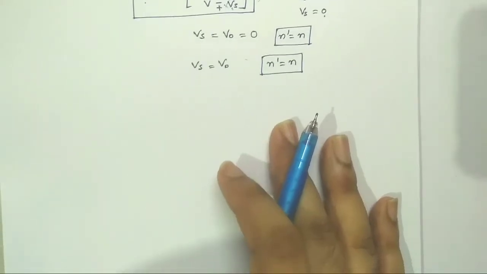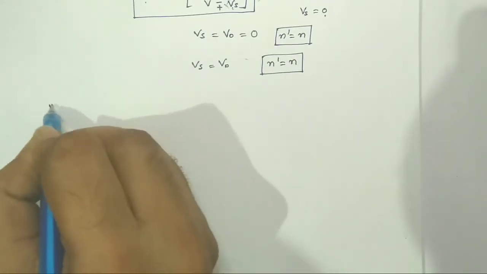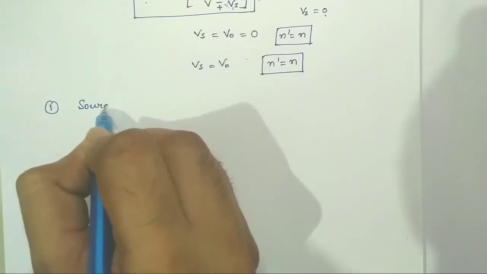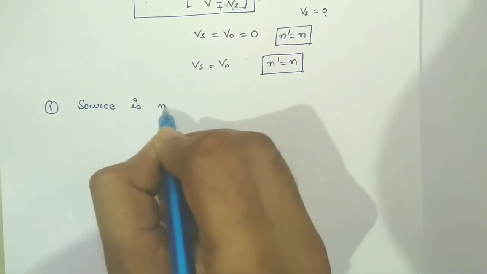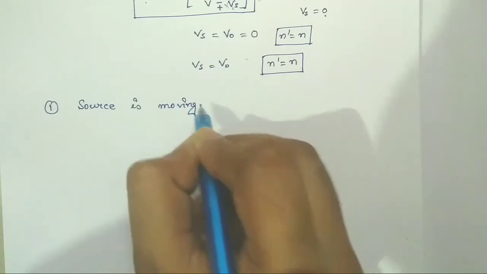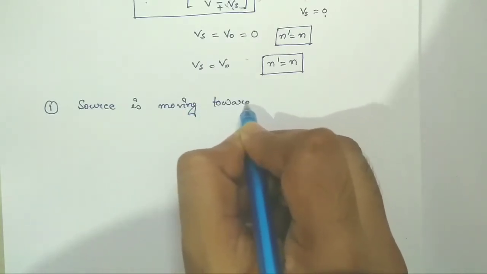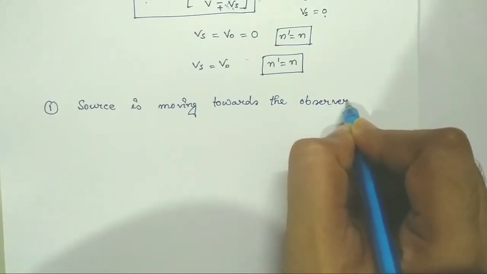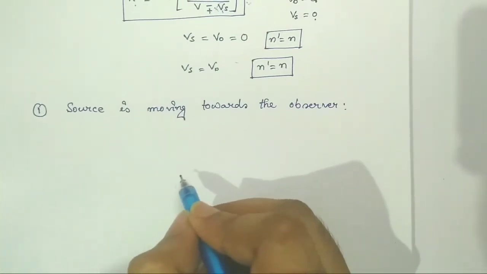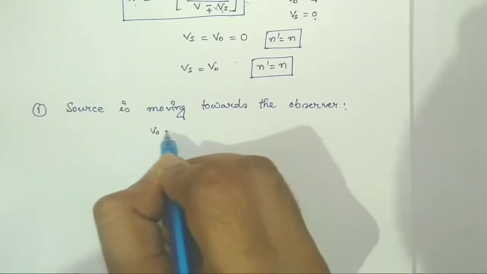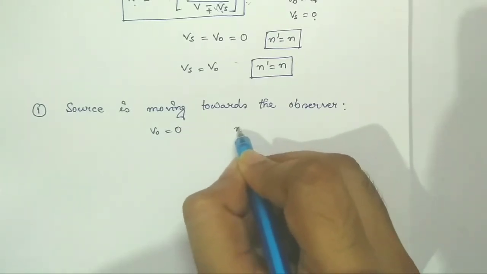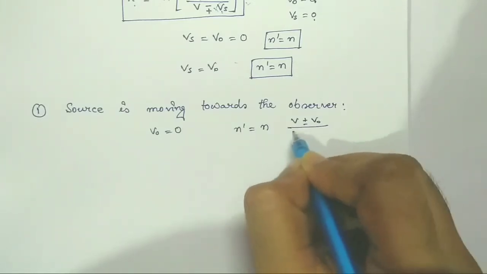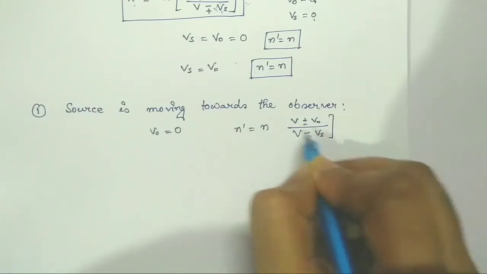Now consider different cases. First case, the source is moving towards the observer. In that case, the observer is at rest, that is v0 = 0, and we know the formula n' = n (v ± v0)/(v ∓ vs).